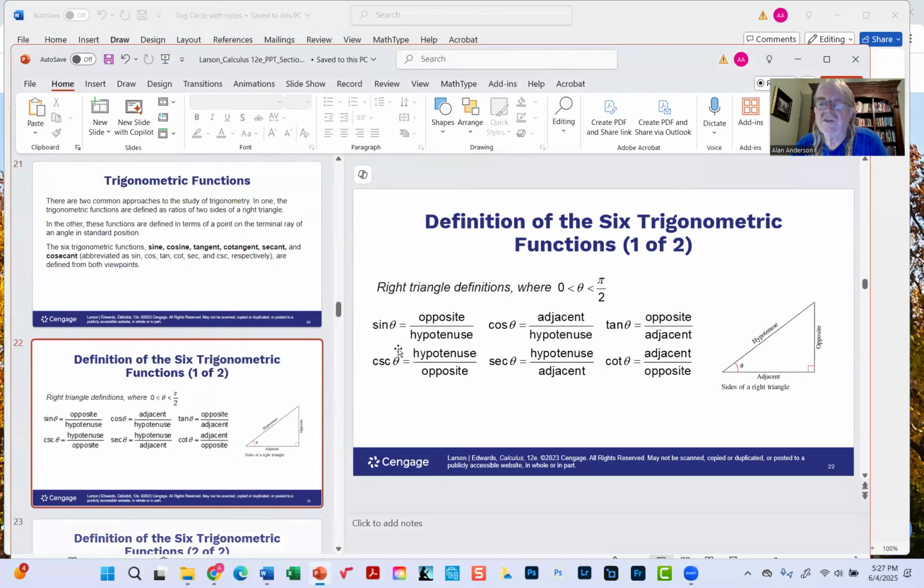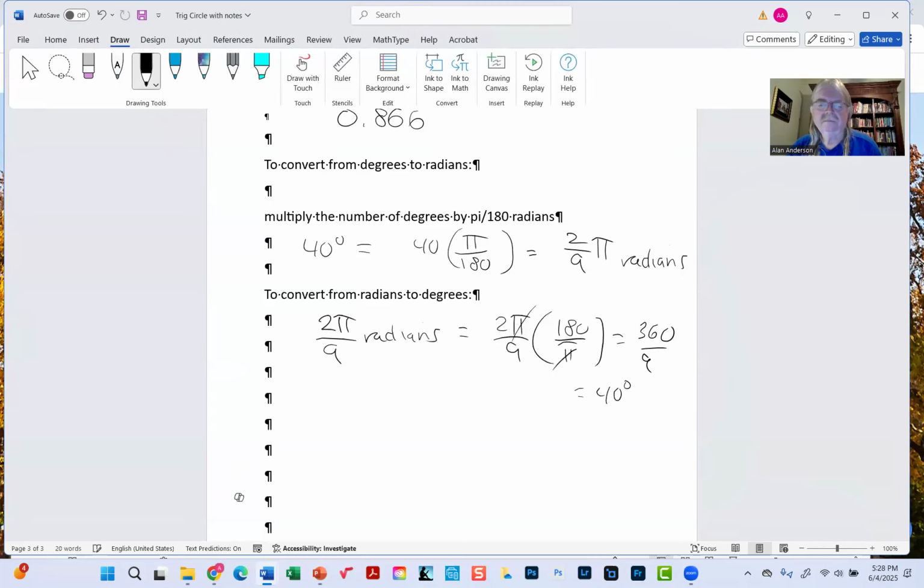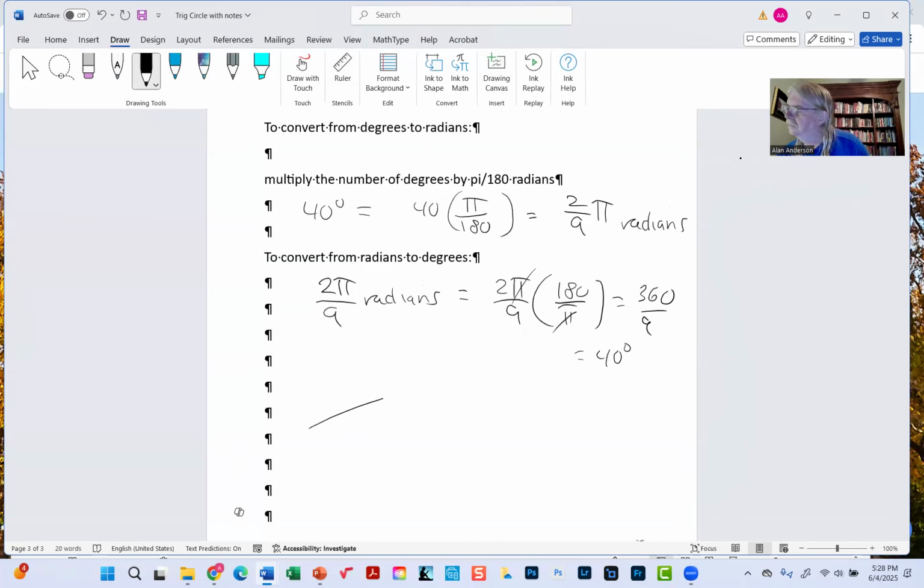Now, the basic trig functions, there are 6 of them. You might remember they were all defined in terms of a right triangle, and here it is. So you've got your right triangle, and with respect to that angle theta, this is considered to be the opposite side. This is the adjacent side. This is the hypotenuse.